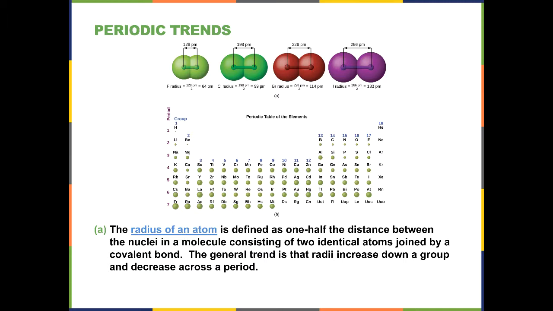And let's look first at a group. Group 1 has H, Li, Na, K, Rb, Cs, and Fr. And you'll notice that the radius increases as you go down the group. And so that's one trend.